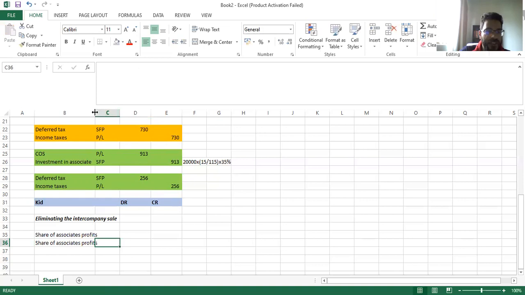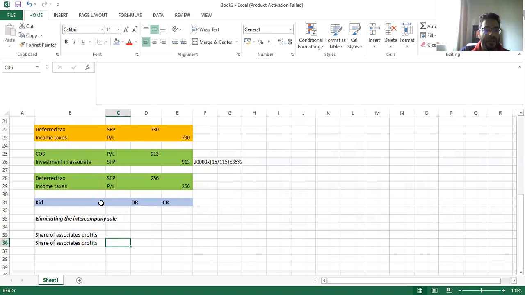So in this scenario, when there is a sale from the associate to the parent, we won't have the first journal entry because the sale is not sitting in the parent, the sale is sitting in the associate. There's no point to do this.